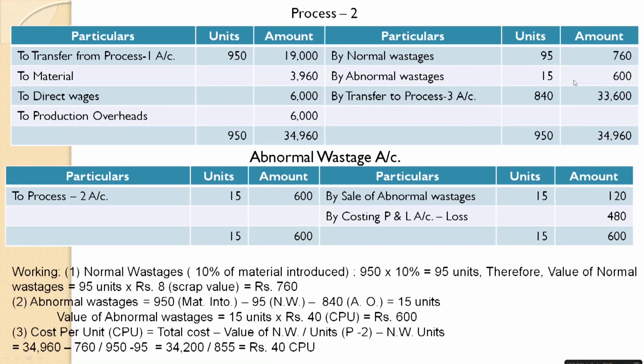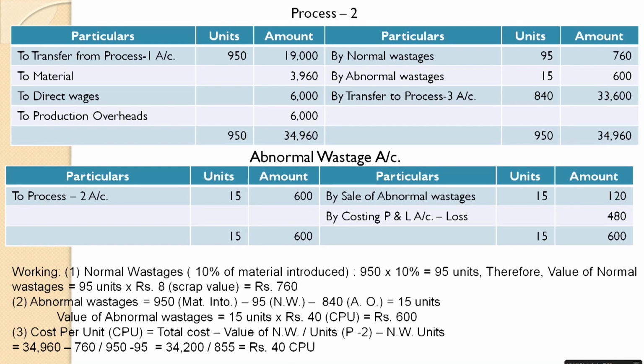So, as per the ledger posting rules and regulations, if abnormal wastages were written in the process 2 account credit side, they would be written in the abnormal wastages account on the debit side. Now, see in the abnormal wastages account debit side, to process 2 account, units column 15 and the amount column 600, as we simply posted here, right. So, that is actually a simple posting formula or posting rules and regulations.